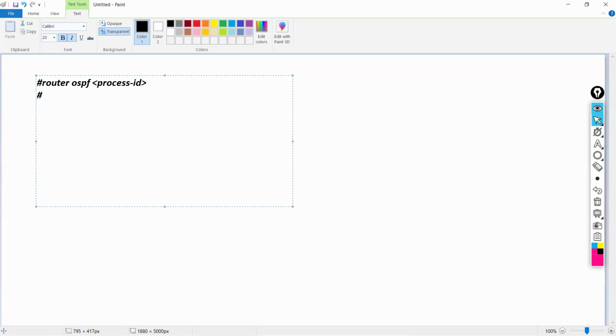Then after, you can give the router ID if required, not mandatory. It is not mandatory to give, it is up to us, optional. But if you want to give, you will use the command router-id, and then you can give it in the format.